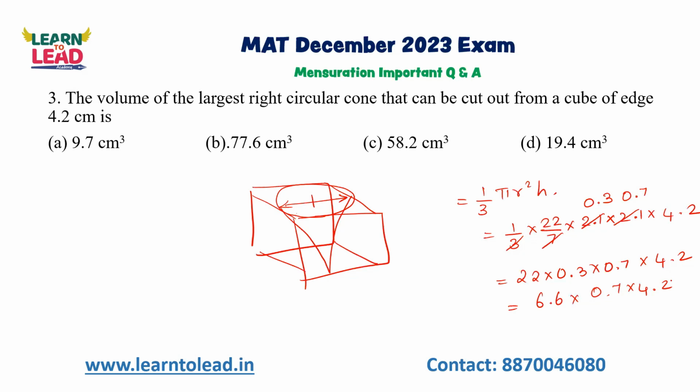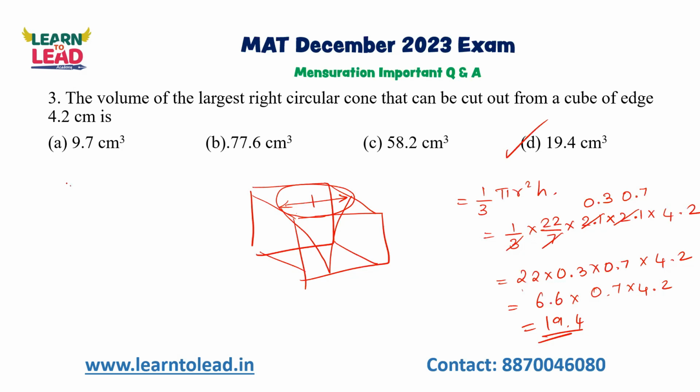If you do this calculation, you'll get around 19.4. That is your answer. Okay, right? 6 into 4 is 24. 24 into 0.7 will be less than 24, but it should be near 19.4, which is the only such option.